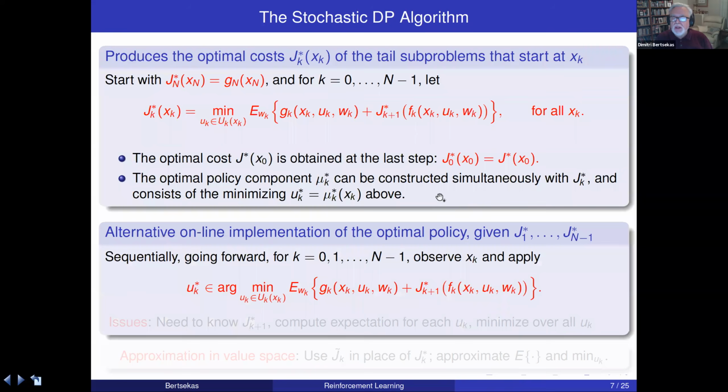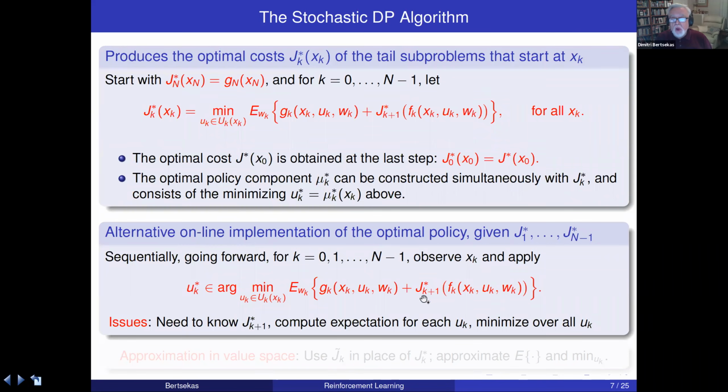But there is an alternative way to implement the optimal policy if we are given just the optimal cost to go functions. We can go forward with online play, so to speak. Start at the initial state, compute the first control, then observe the state that's going to result, then compute the second control, and so on. One calculation per stage.